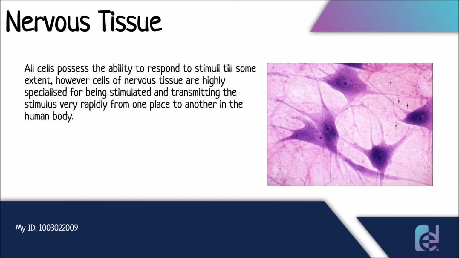Next up, we have the last type of tissue, nervous tissue. Now, all cells possess the ability to respond to stimuli to some extent. Like if I just have a cell living in a free environment, it's in direct contact with its external environment.